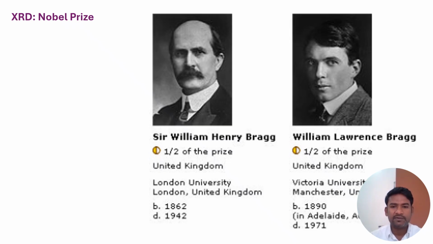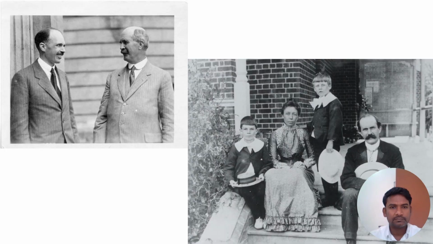Sir William Henry Bragg worked in London University, and Lawrence Bragg in Victoria University in Manchester. So this is the father, and here is the son, and this is the Bragg family, who lived in the UK and contributed immensely in the field of diffraction studies.